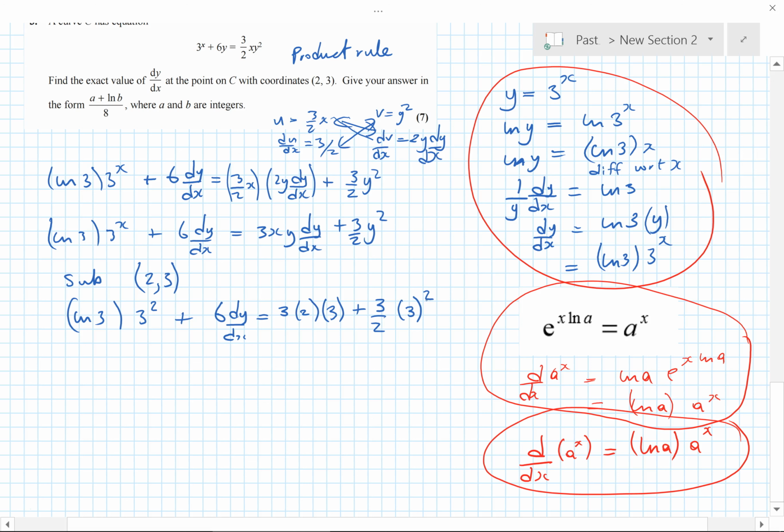Okay, so that gives me 9 ln 3, or I've forgotten a term in dy by dx there.